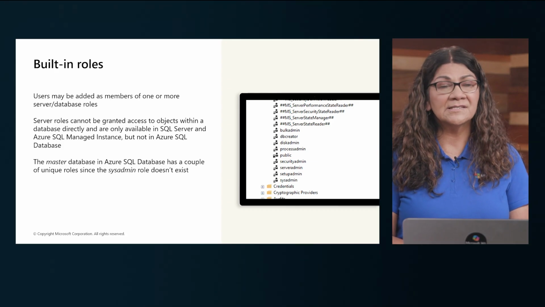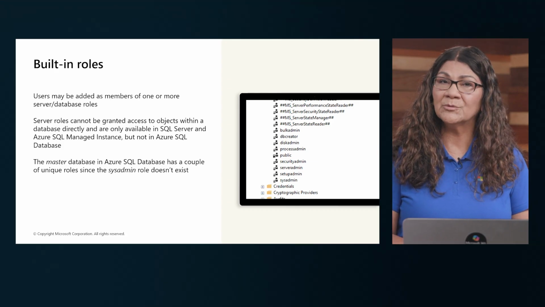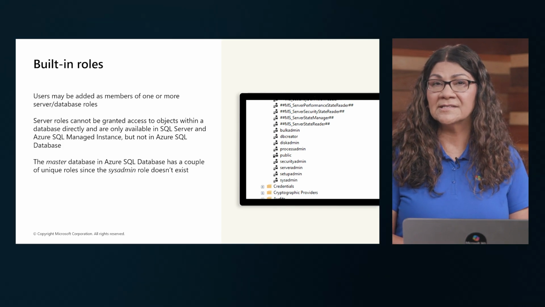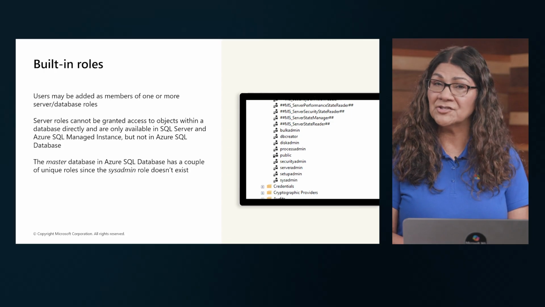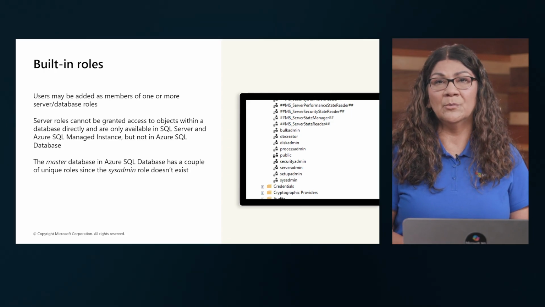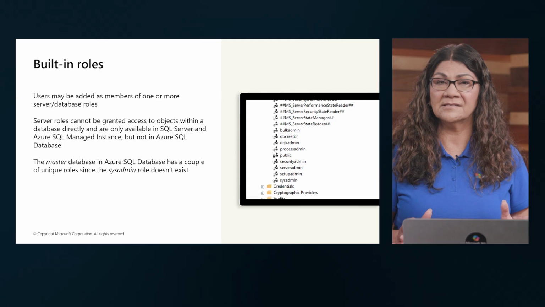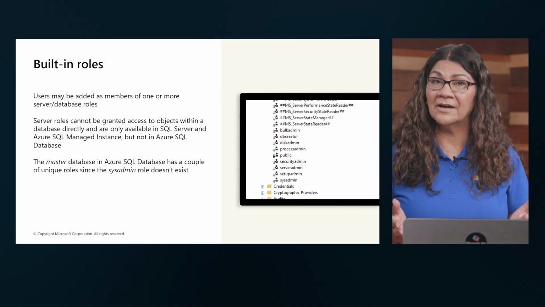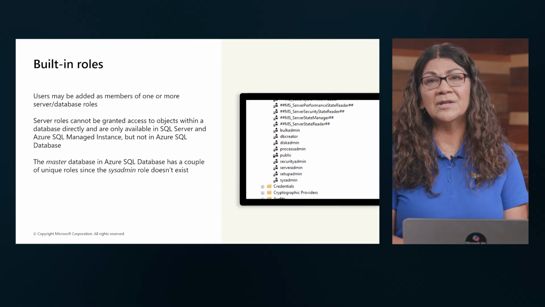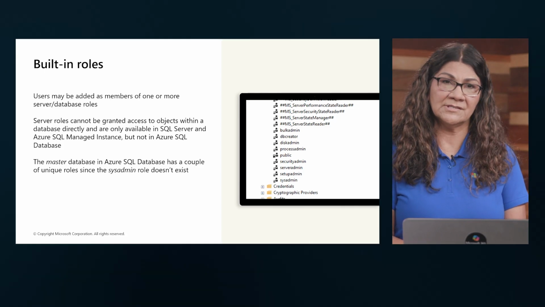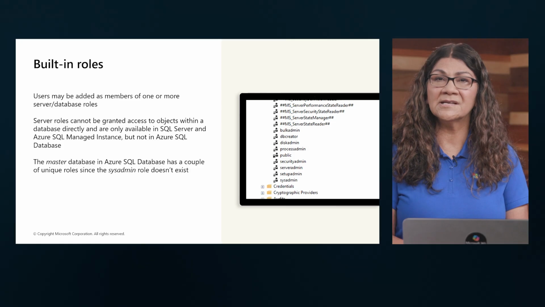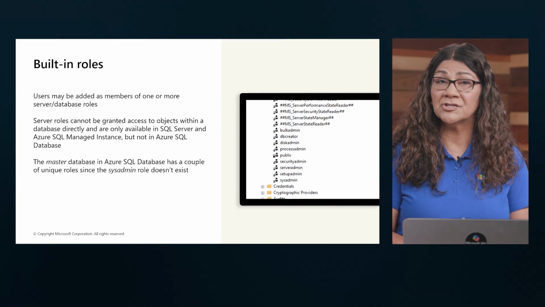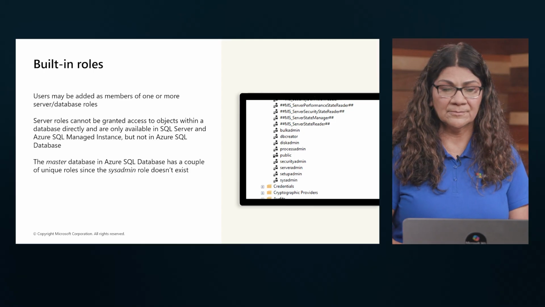Roles like processadmin can terminate SQL processes, while securityadmin manages logins and should be treated with the same caution as sysadmin, which has unrestricted access. serveradmin can change server-wide settings and shut down the server, and setupadmin manages linked servers. The public role is assigned to all logins by default, and its permissions should be carefully reviewed.